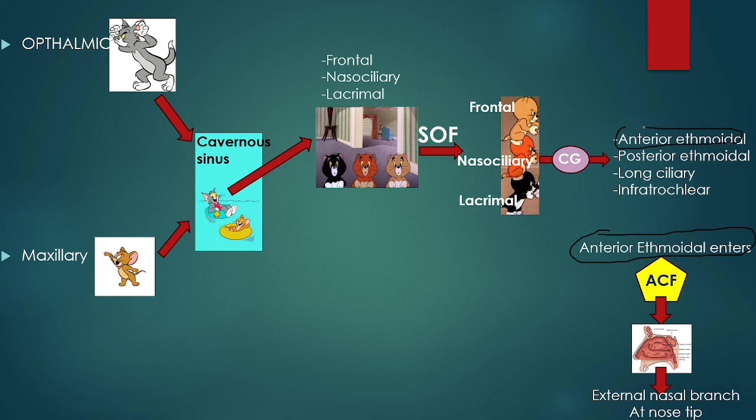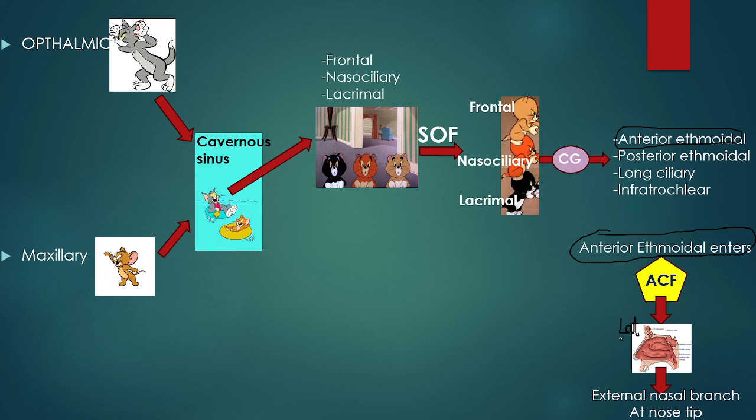Now about the anterior ethmoidal branch. This anterior ethmoidal branch enters the anterior cranial fossa, and after entering the anterior cranial fossa, it reaches the lateral wall of the nose, or we can say it enters the nasal cavity, and in the nasal cavity it reaches the lateral wall of the nasal cavity, right?